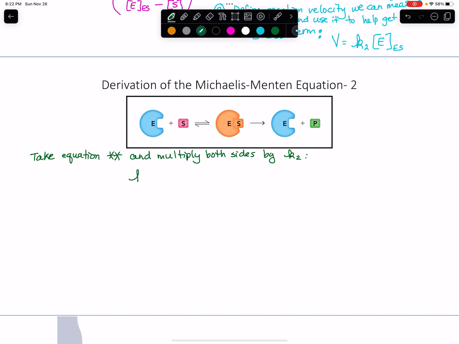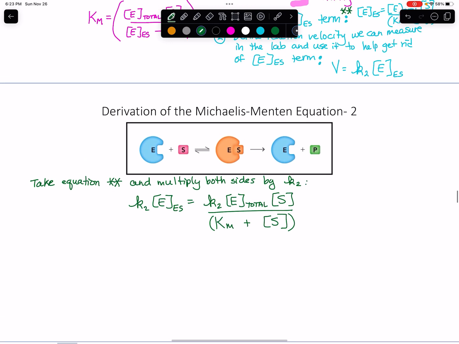We get K2 times ES equals K2 times our total enzyme times substrate concentration over Km plus substrate concentration. And if we look, K2 times enzyme substrate concentration is our velocity.